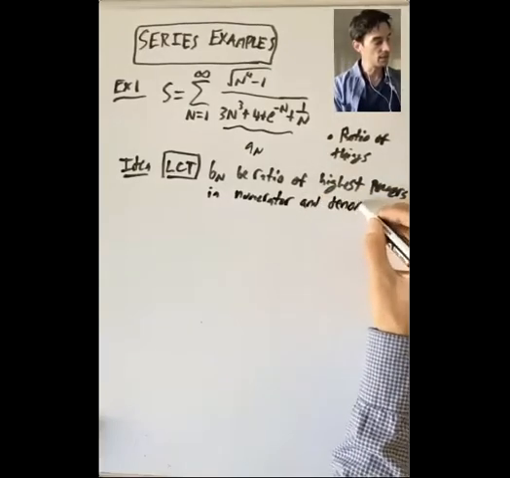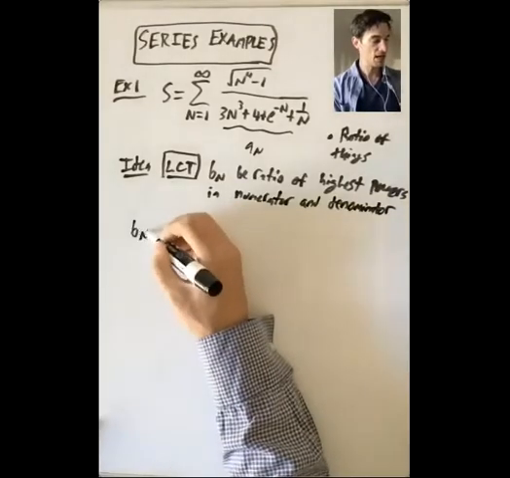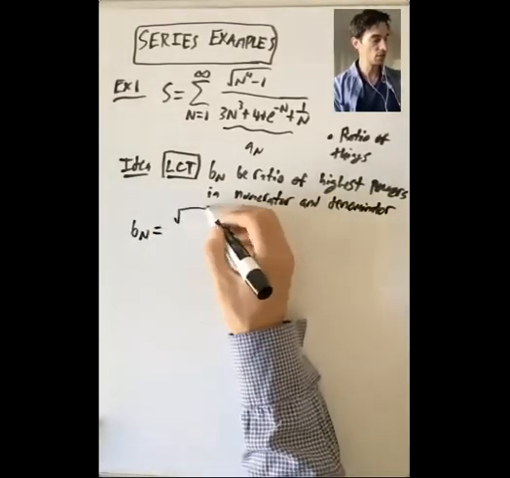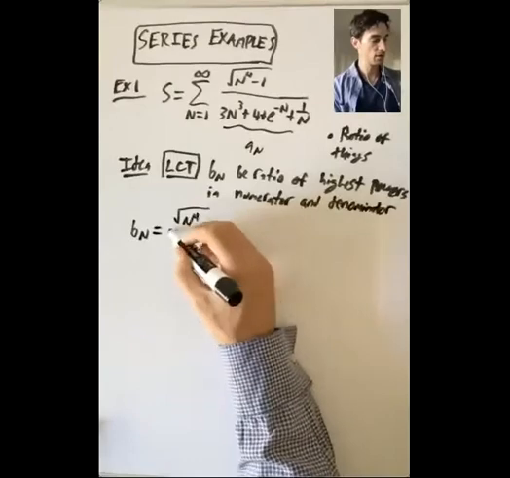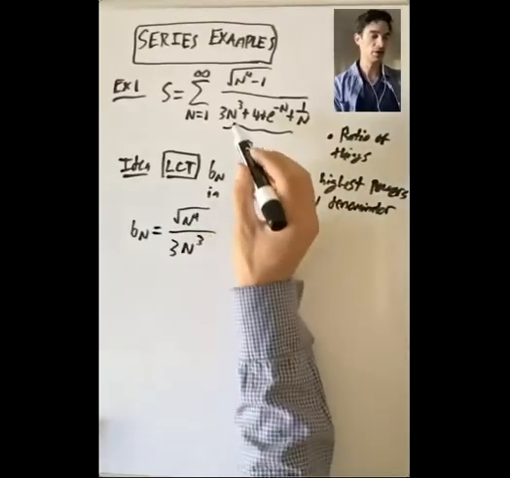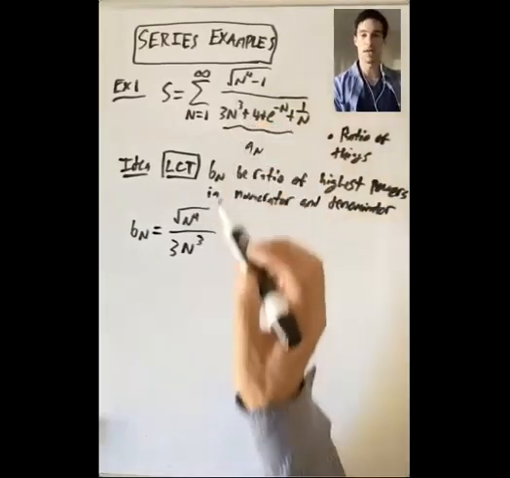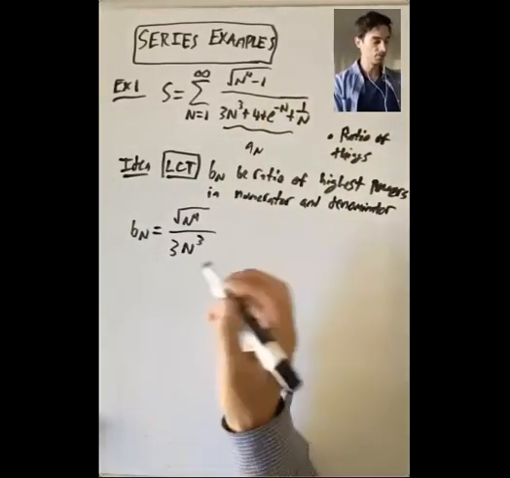Okay, so what does that mean? So we're going to let bn be equal to the square root of n to the fourth divided by 3n cubed. You could just take n cubed instead, but I like taking the whole term, 3n cubed, rather than just the power.